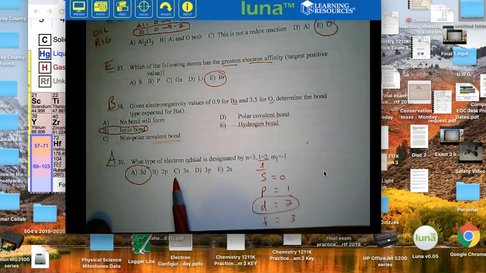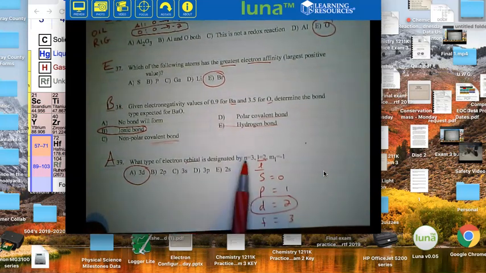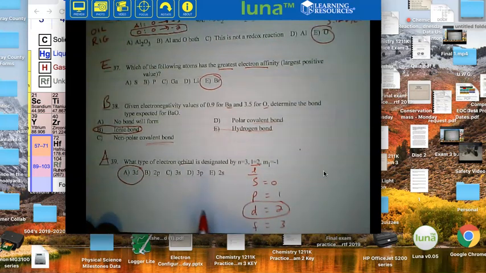Number 39, what type of electron orbital is designated by n equal to 3, L equal to 2, m sub L equal to -1? So when we talk about orbital, I'm looking at my L value here. I know it's going to have a 3 in front of it because it's energy level 3. And then L equal to 2.